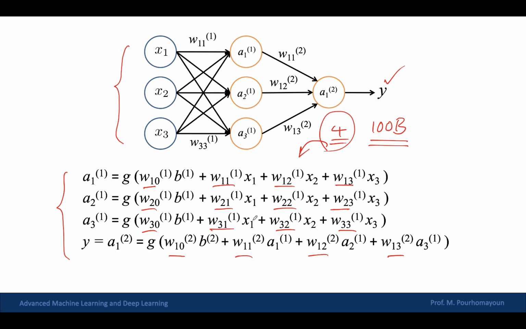We have 16 unknowns in this equation. In this very simple neural network that has only 4 neurons, we have 16 unknown values that we have to find in the process of training. So in the process of training, suppose that you provide 3 features, for example, humidity, temperature, and wind speed to our system, and you want it to predict if tomorrow is rainy or sunny. Okay, that's simple.